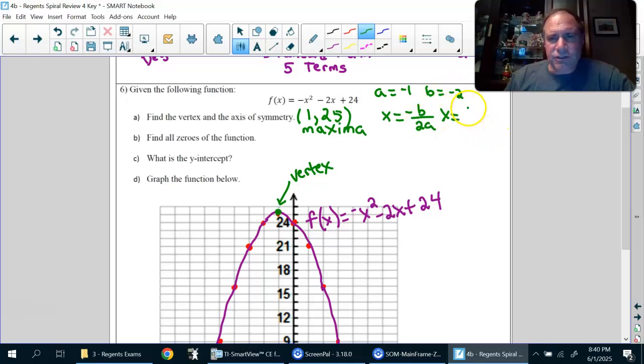So negative b is 2 over 2 times negative 1. So x equals negative 1. So that is the axis of symmetry. X equals negative 1.